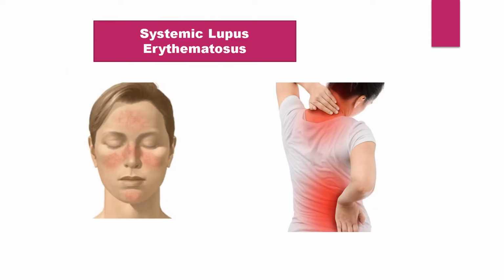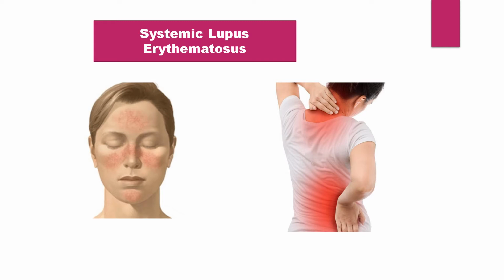Next, systemic lupus erythematosus under muscular and joint pain. Systemic lupus erythematosus is an immunological condition, and there is a butterfly-shaped rash over the nose and cheeks. It is red in color. There are skin rashes on wrist, hands, and face.